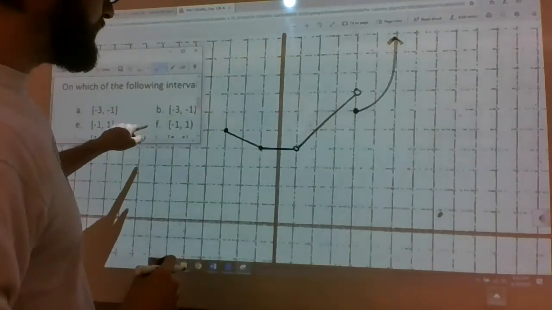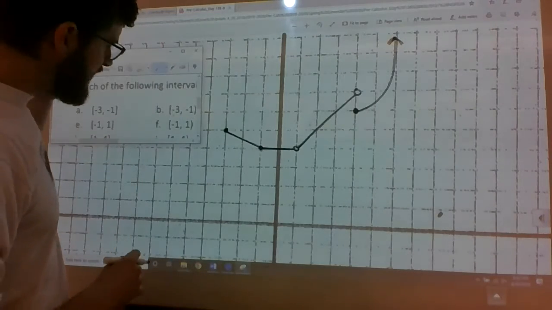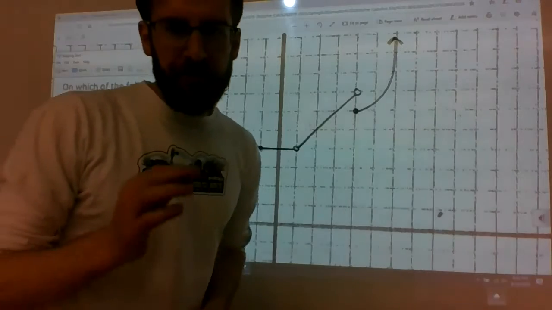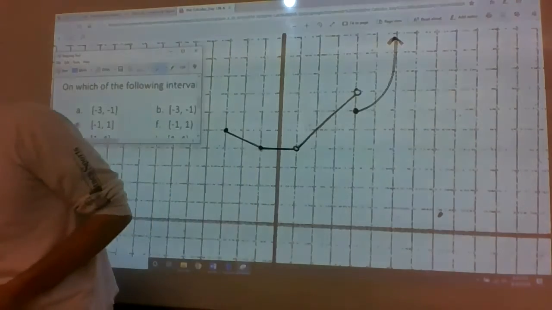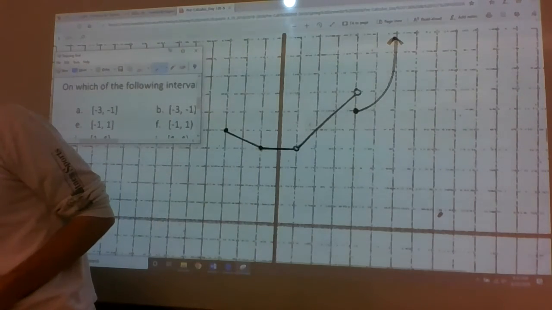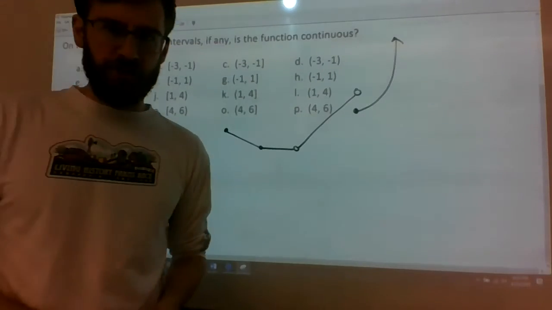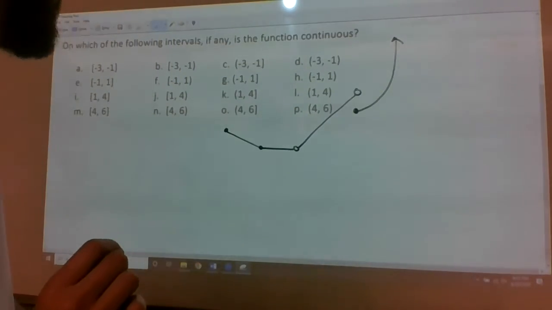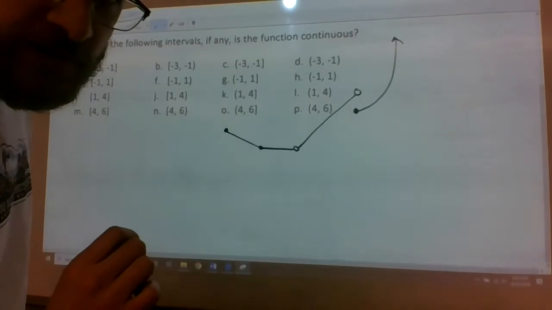What I'm asking up here is, take this function and ask yourself, on which of the following intervals, so here are the instructions, is this function continuous?